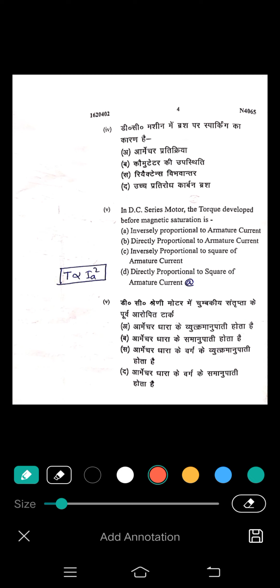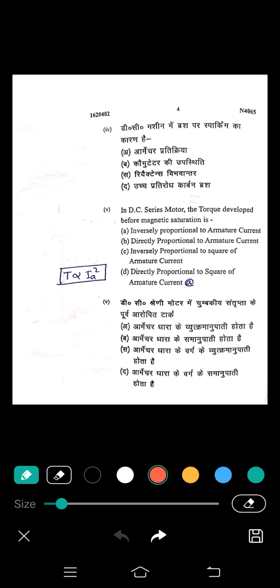So T is directly proportional to the square of the armature current IA, and the right answer is option D. In the 2020 question, the shunt motor was given.